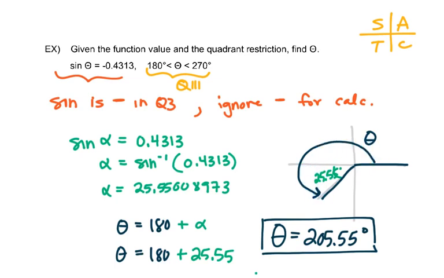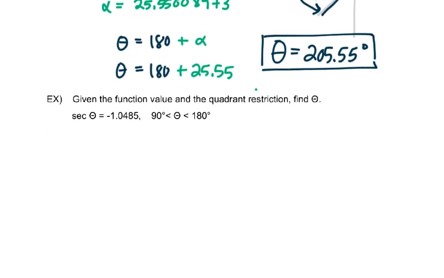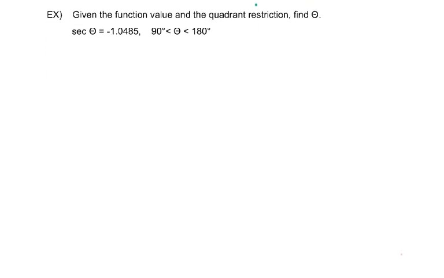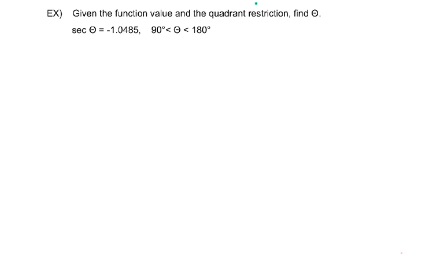All right, so our last example in this video, we will work through this again. Here we're given the function value and quadrant restriction. We need to find theta. So we're dealing with secant theta is negative 1.0485, and we are in quadrant 2.